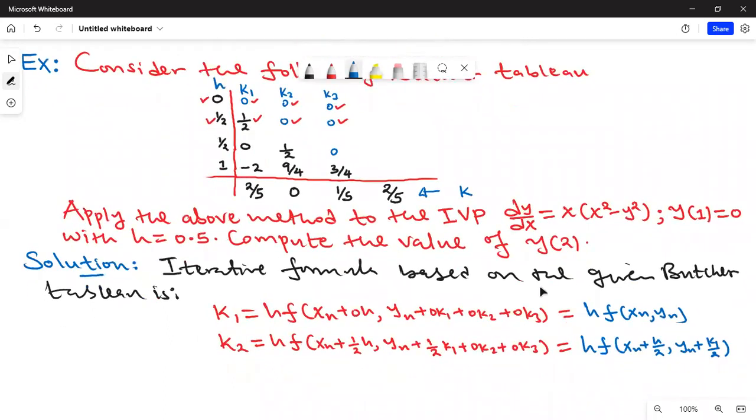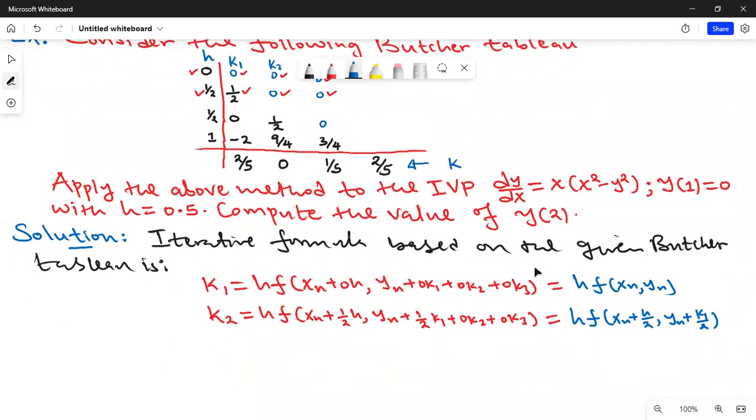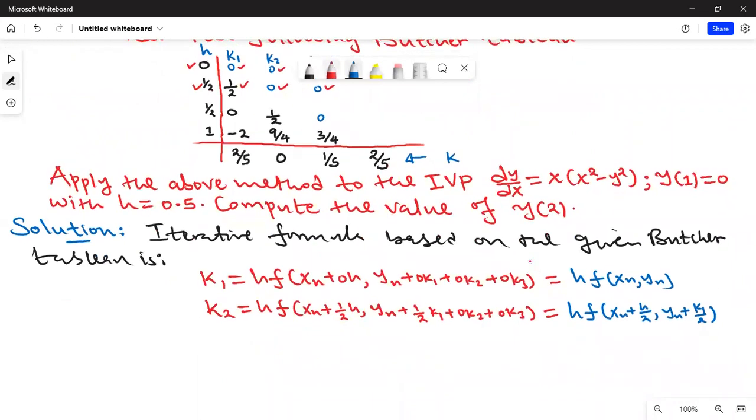The other row is the third row. That will help us find k3. So we proceed. K3 is equals to h times f of xn plus, what is the coefficient of h? That is 1 over 2, 1 over 2h, comma, yn plus 0k1 plus 1 over 2 k2 plus 0k3.